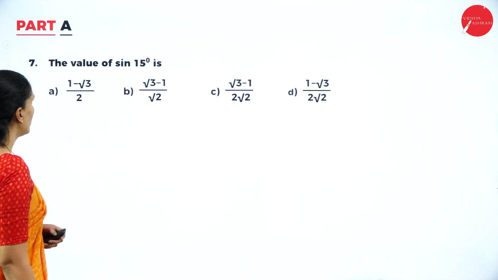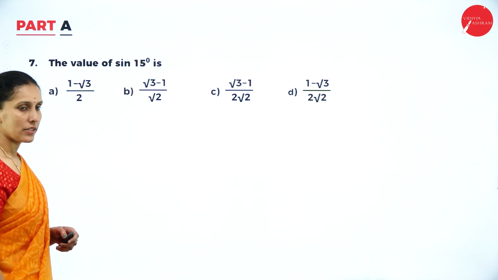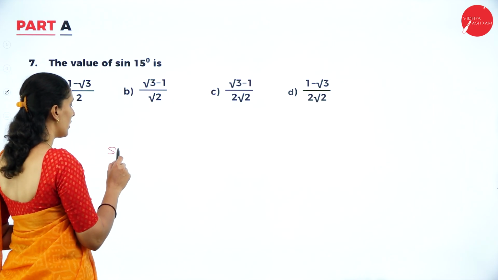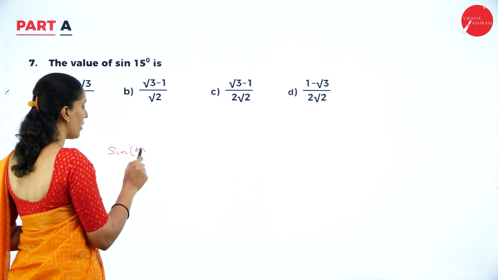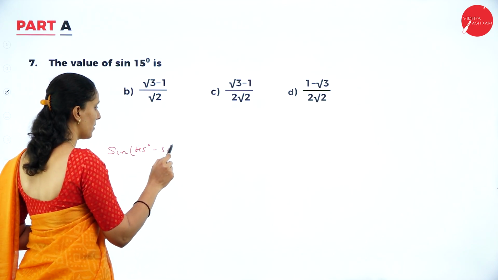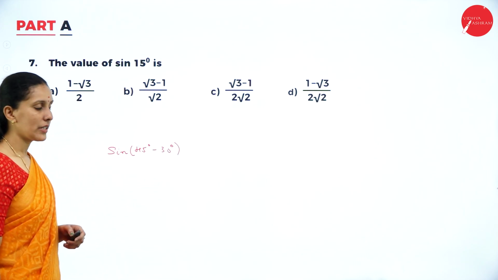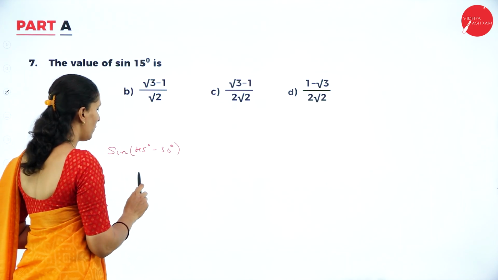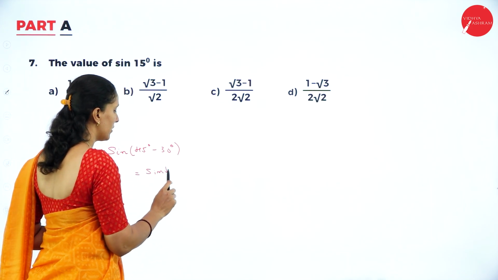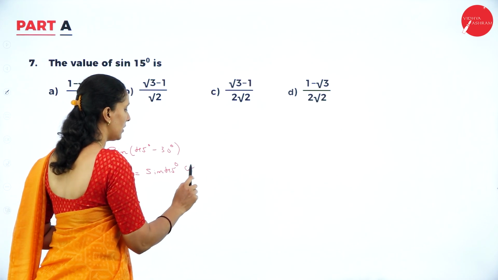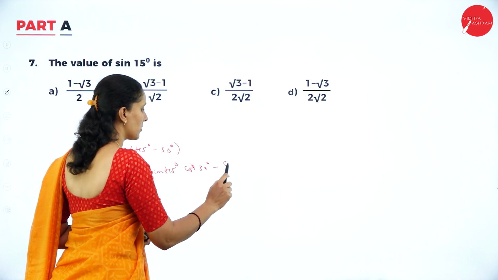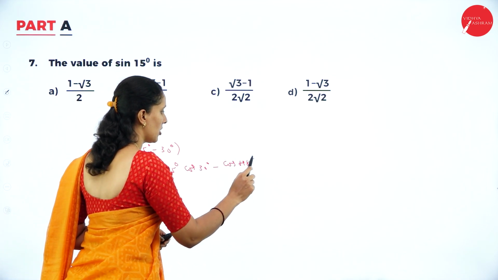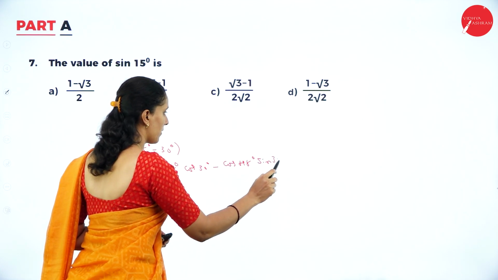Next, the value of sine 15 degree. So, sine 15 degree can be written as sine of 45 minus 30 degree. So, here using the sine A minus B formula, we will get sine 45 cos 30 minus cos 45 sine 30.